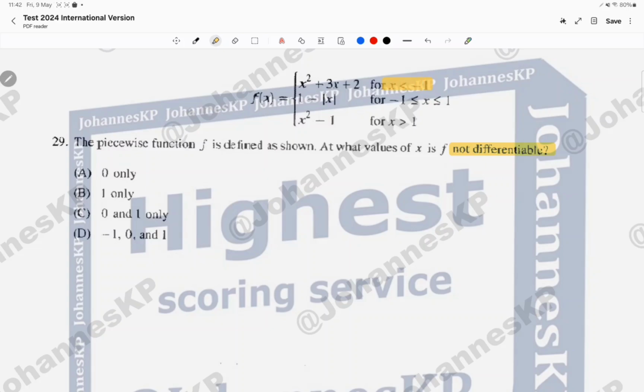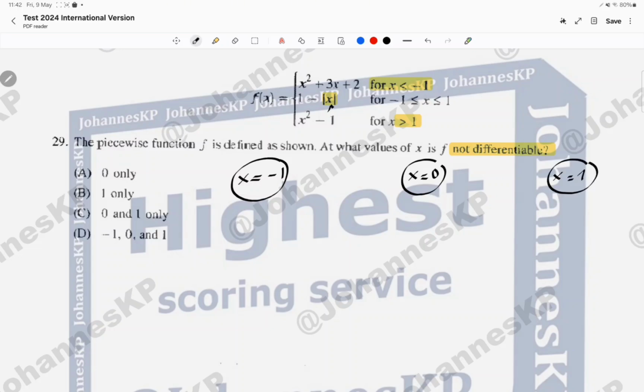So check with a -1, check with a 1, and check with what makes the inside of the absolute value a 0. So what x makes the inside here a 0? 0. Yeah. So that means we actually have to check 3 points: x of -1, x of 0, and x of 1.